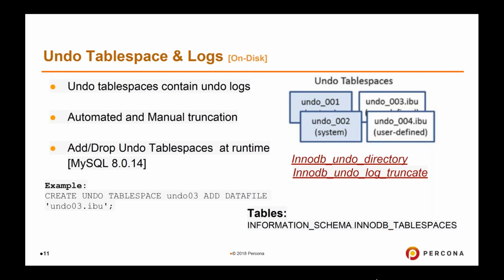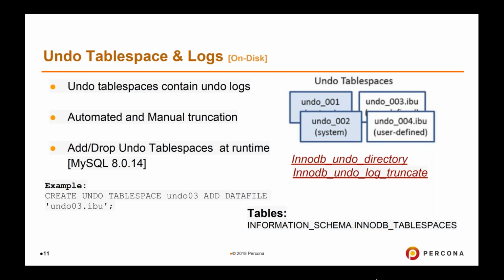We can truncate this both automatically and manually. This is the benefit of having undo table space separately, rather than keeping it in the system table space.